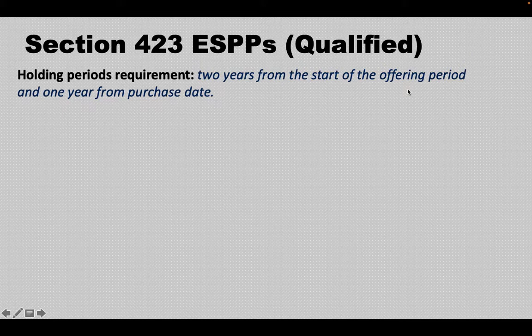You can say 2 years from grant date, 1 year from purchase date. So you have to meet both of the holding requirements in order to have your income treated as long-term capital gain. We all know long-term capital gain is a much lower tax rate than your ordinary income tax rate, which is your salary tax rate.